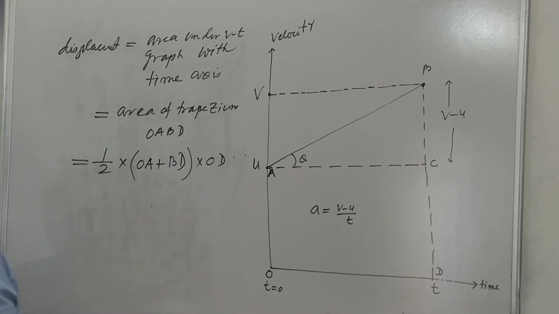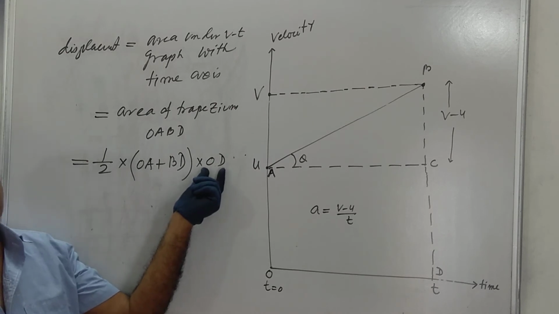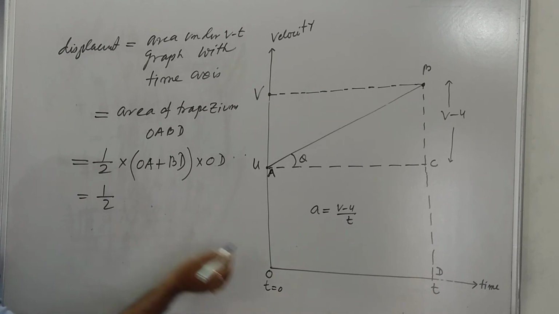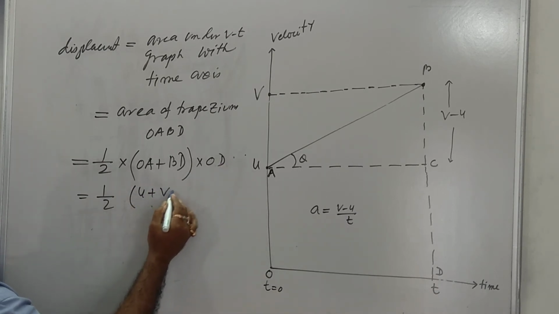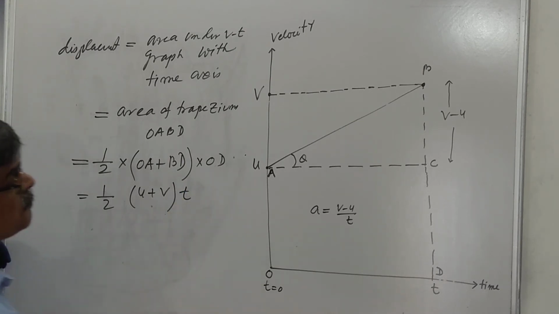This is the area of the trapezium: half the sum of the two parallel sides times the separation between the two sides. Now put the values. OA means u, BD means v, and OD means time.